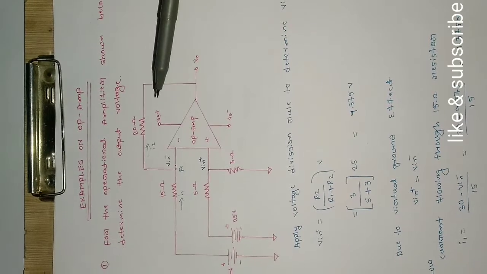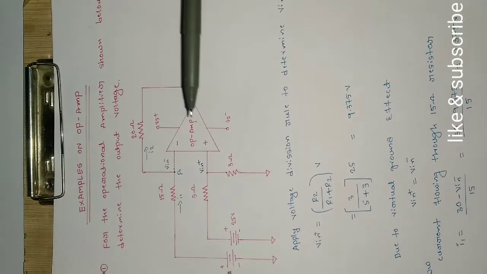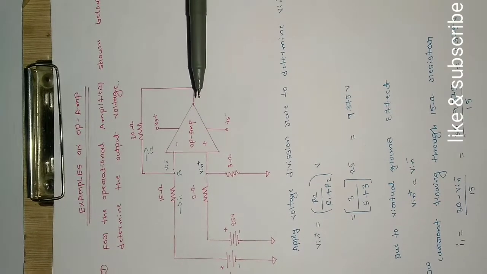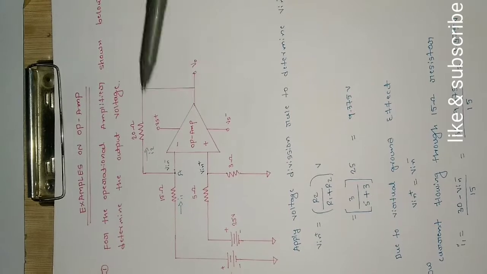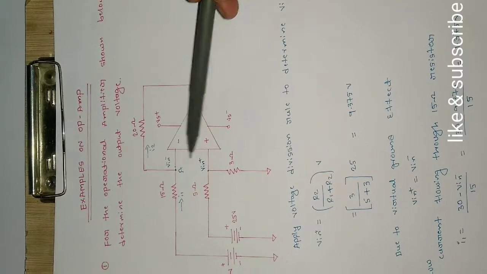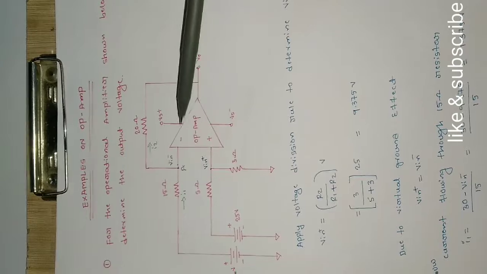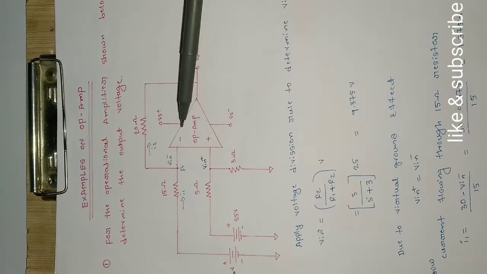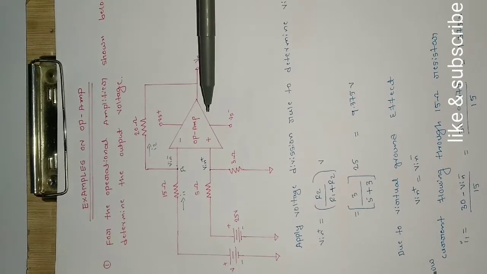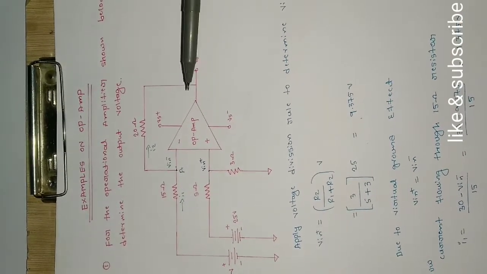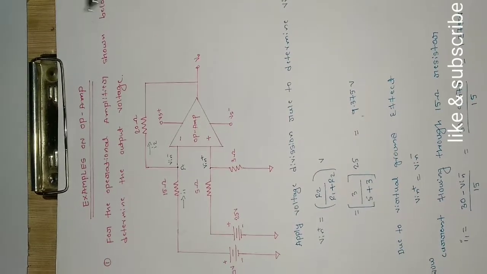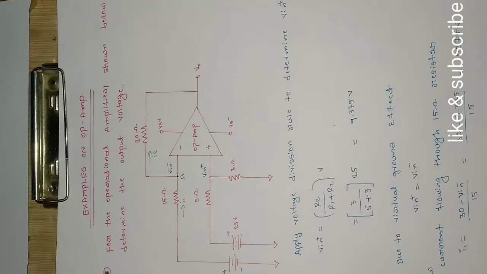Due to the golden rule, no current flows into the op amp, and the voltages at both the terminals, that is plus and minus terminals, are equal to each other. So it will try to make the voltages equal on both the inverting as well as non-inverting terminals. Those are the two golden rules which we should keep in mind in order to solve the problems.